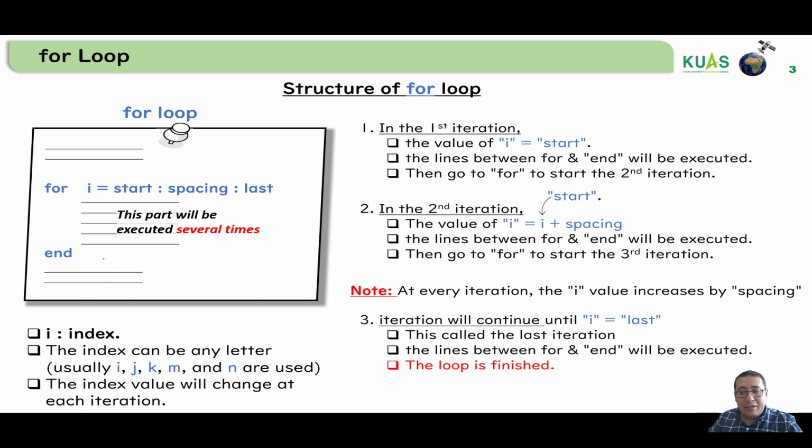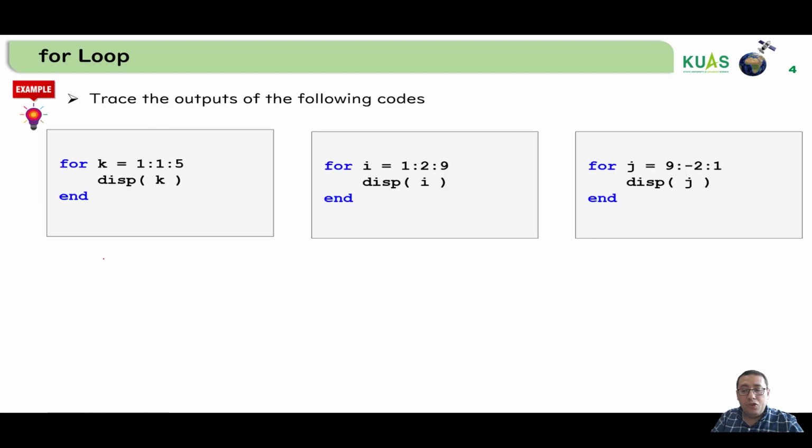To understand that, let's take examples. For the following three examples, trace the program to know what the output will be. Let's start with the first one. In the first one, we wrote for k, so we changed the index from i to k. Any letter is okay.